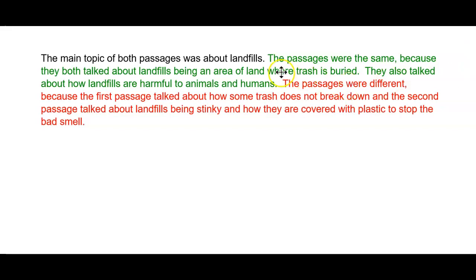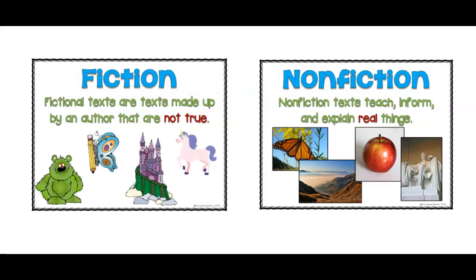Boys and girls, I wrote the comparison sentences in green to show how the passages were the same, and the contrasting sentences in red to show how the passages were different, using the Venn diagram information. Let's review what we've learned today. We've learned that nonfiction texts are real.